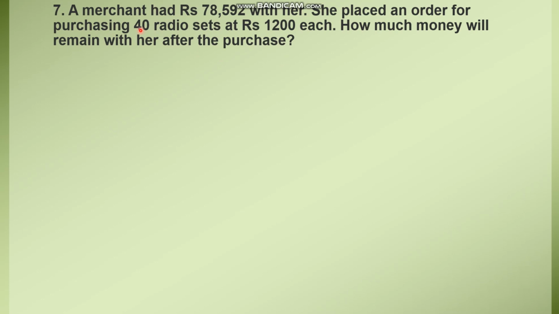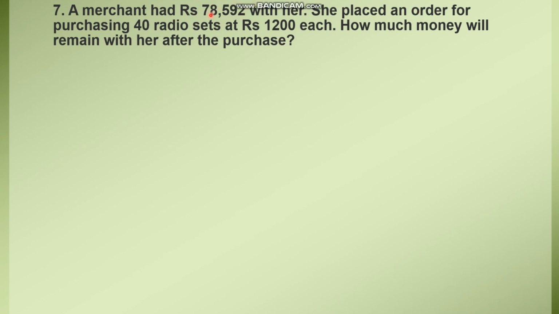That you find out. So how we can find out? By multiplying 40 with 1,200, you will get the amount she has to spend or she has to give for this purchase. Okay, so first you find out that amount, and then here the question is how much money will remain with her. So this is the total amount she had.